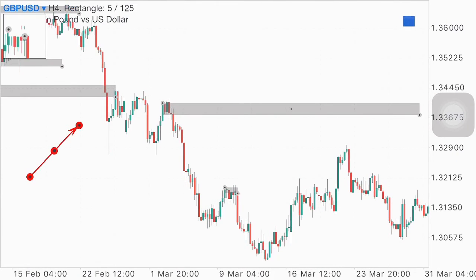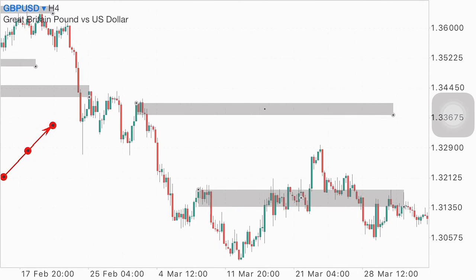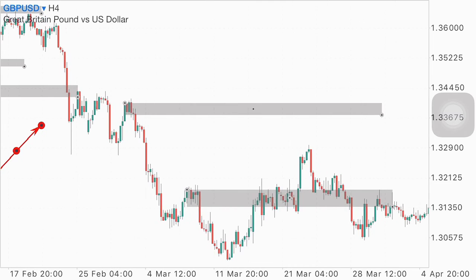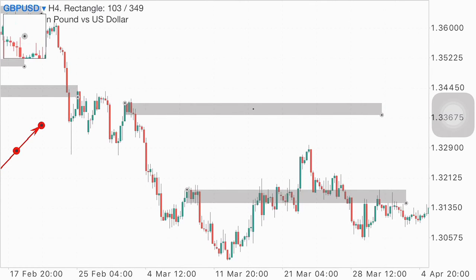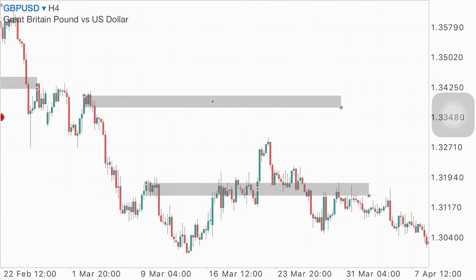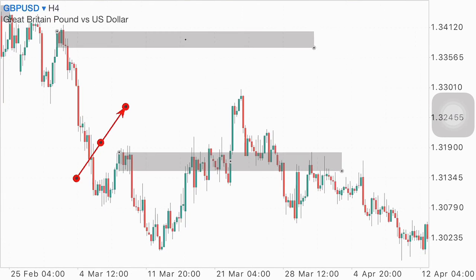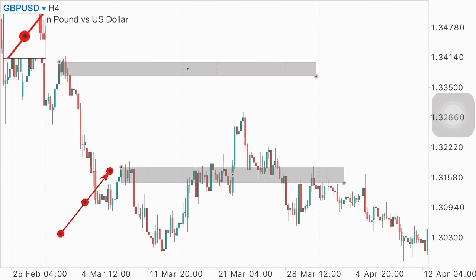As you can see, we are just marking this support and also the supply. The market won't always be perfect, but we just want to have a look at it. Nothing is perfect, guys.